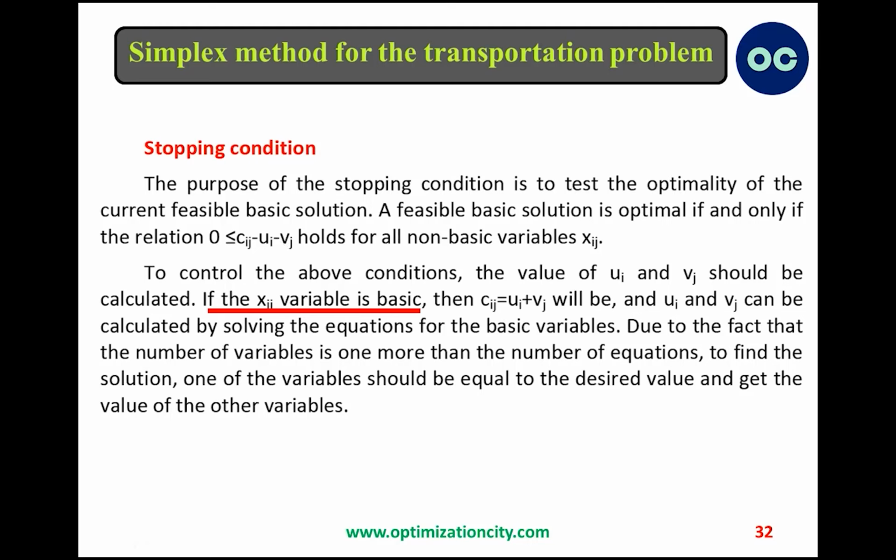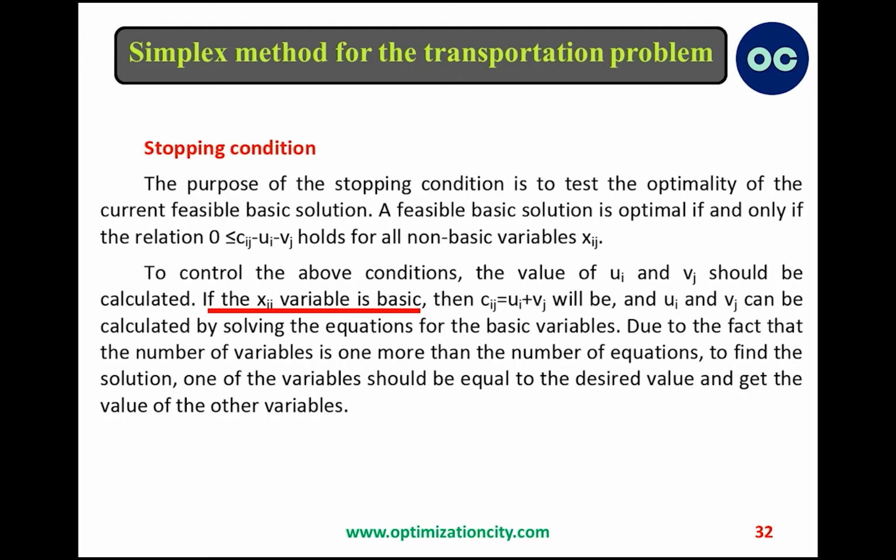To assess these conditions, the values of Ui and Vj should be calculated. If the variable Xij is basic, then Cij is equal to Ui plus Vj. We can calculate the Ui and Vj by solving the equations associated with the basic variables. Because the number of variables is one more than the number of equations, this is a very important point.